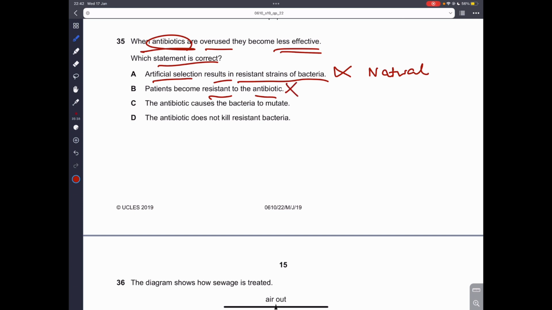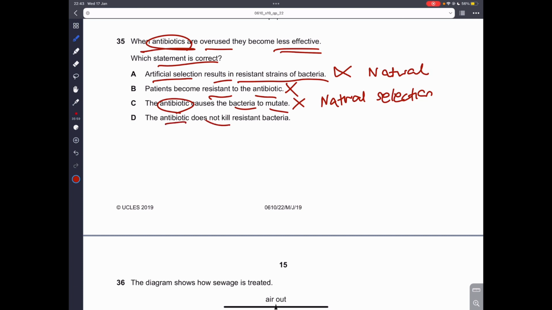No, this is definitely false. The antibiotic causes the bacteria to mutate. Now this is also false, because it is natural selection which causes bacteria to mutate. The antibiotic is just one of the factors which indirectly causes bacteria to mutate.